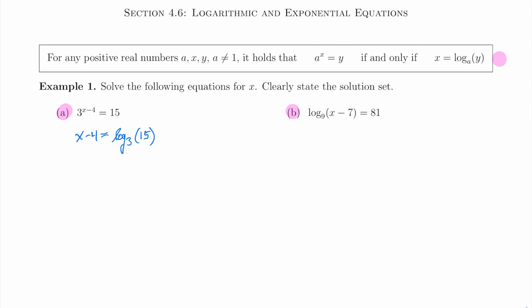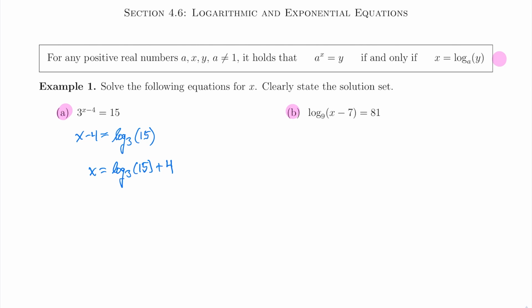Then at the very end, I simply add 4 to both sides, and I get x equals logarithm to the base 3 of 15, and then at the end plus 4. It's important to notice that the 4 has nothing to do with the logarithm; it's just added on at the end.